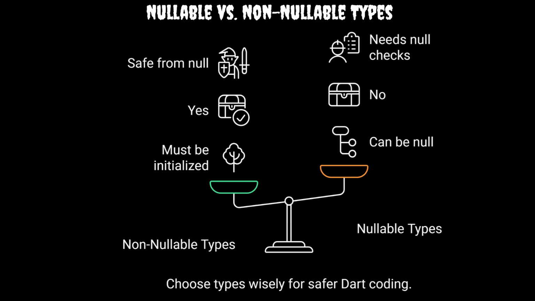So in summary, with non-nullable types, you get safety and simplicity, but you must always provide a value. With nullable types, you get flexibility, but you have to be cautious and handle null cases properly. The key takeaway here: choose types wisely to ensure safer Dart coding. Decide whether a variable truly needs to hold a null value, and if not, keep it non-nullable for better code reliability.